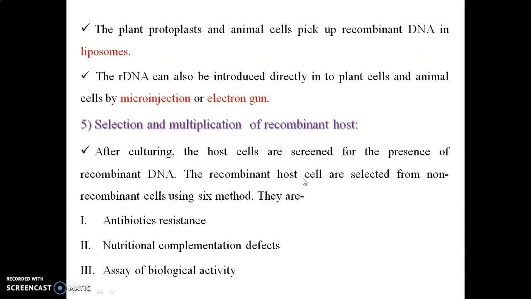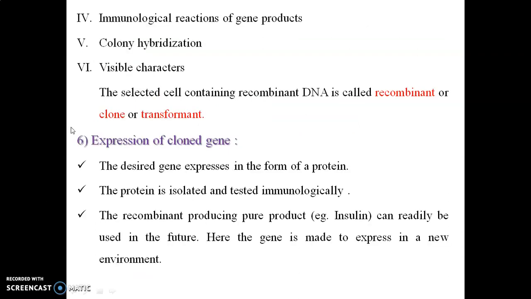The recombinant host cells are selected from non-recombinant cells using six methods. First is antibiotic resistance, second is nutritional complementation defect, third assay of biological activity, fourth immunological reaction of gene product, fifth colony hybridization, sixth visual characters. The selected cell containing recombinant DNA is called a recombinant clone or transformant.